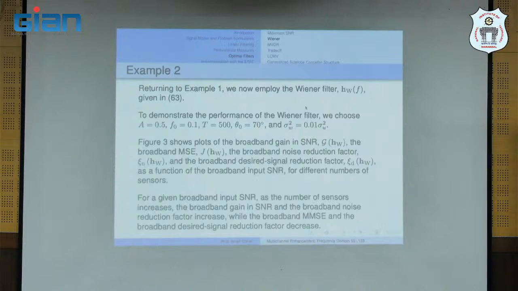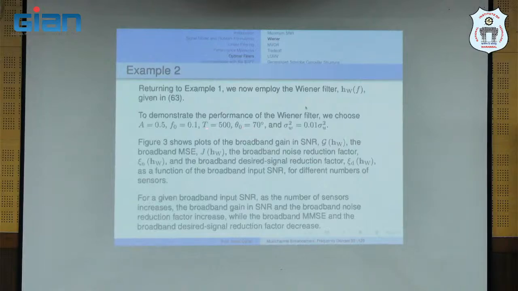Let's see an example. So if we take the same example that we saw before, a sinusoidal signal with a certain amplitude. The frequency is 0.1. We have 500 samples.